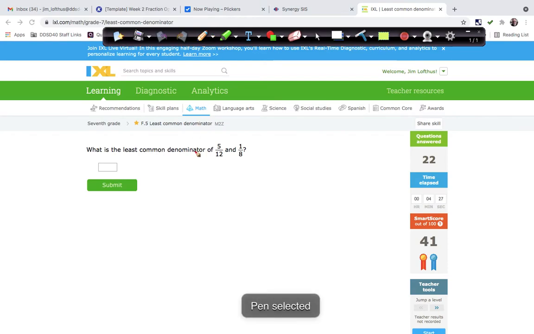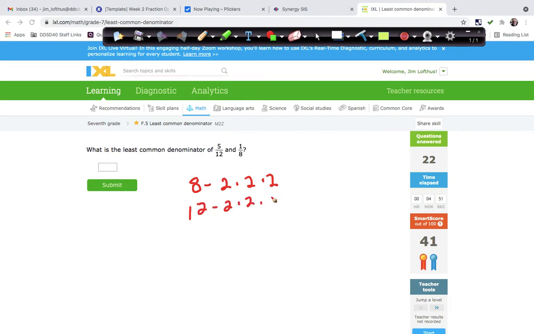So the least common denominator of 12 and 8, it might be kind of hard or long if we do multiples on some of these. So instead we're going to use this method. We're going to find the prime factorization. That's 2 times 2 times 2. And 12 is 2 times 2 times 3.